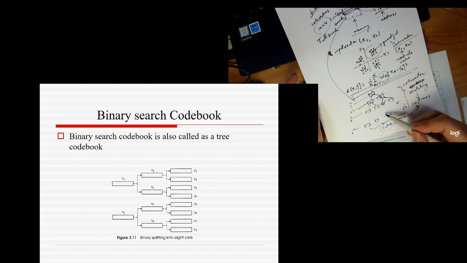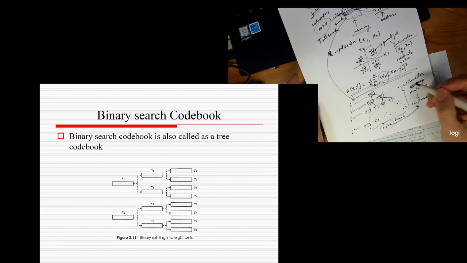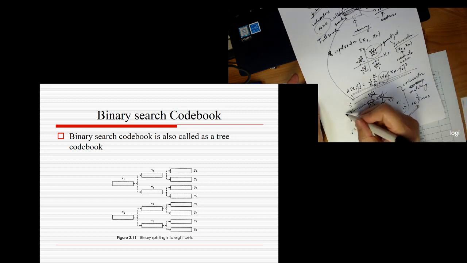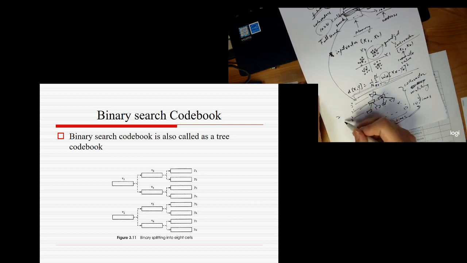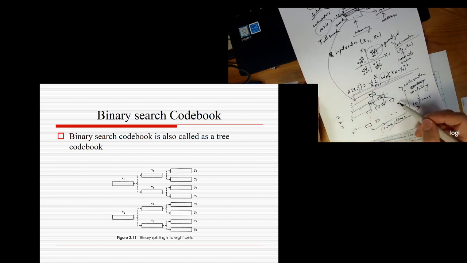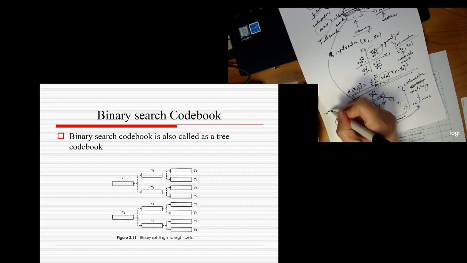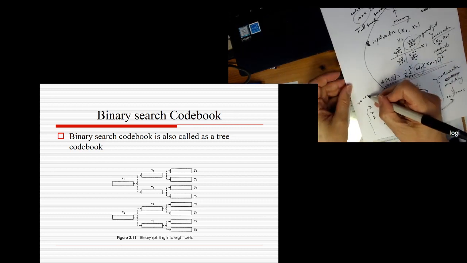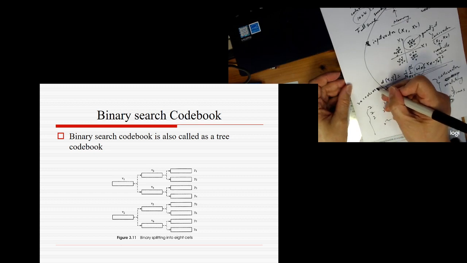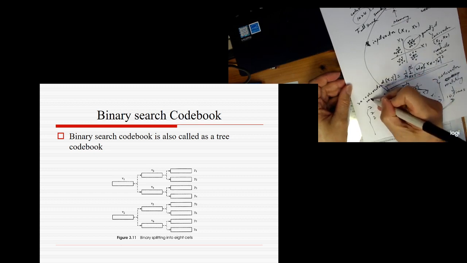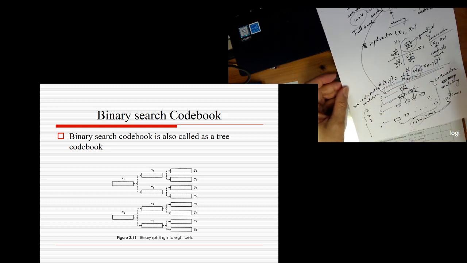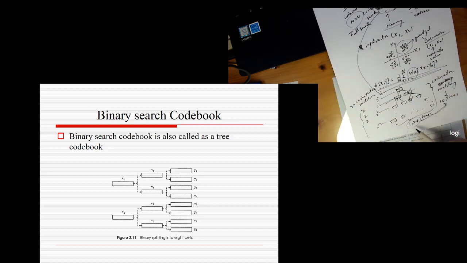Each level just has two covector comparisons, so in total only 20 covector matching operations. The full search will have 1024 covector matching.